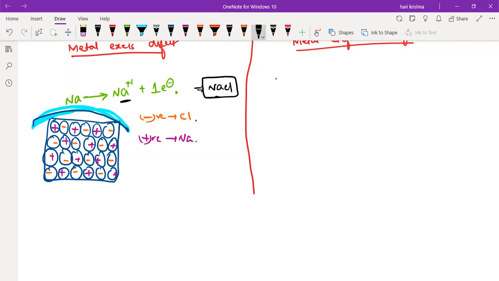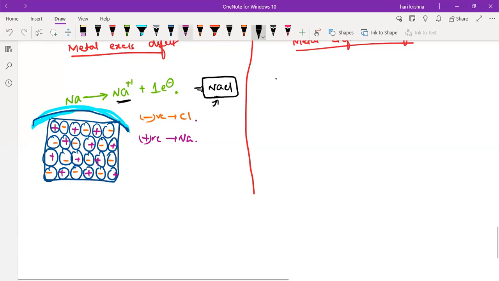Only Na+ ions are there, but Cl- ions are missing, right? Are you understanding what I am telling? So from where will the Cl come? If you want to form the NaCl on the surface of the crystal, we already have Na+ ions, but Cl- ions are missing.